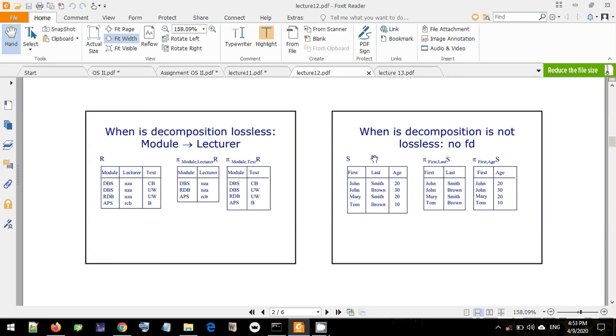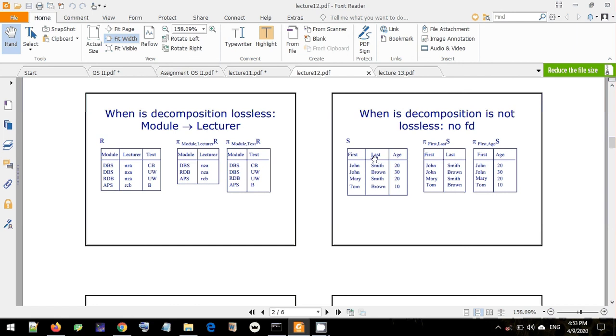When decomposition is not lossless. In this case, we have a relation S, a table with three attributes: first, last, and age. First, we observe that there is no functional dependency existing in this relation.